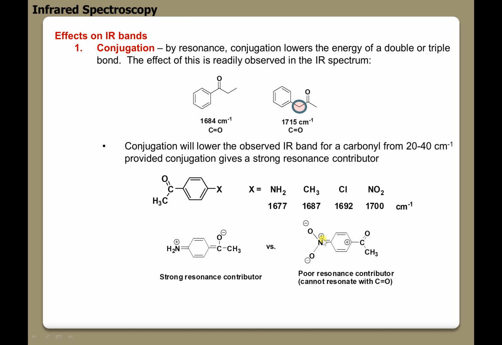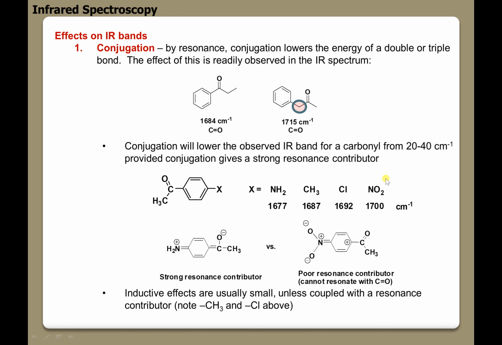Fine, this nitro has broken the resonance. My carbonyl oxygen is no longer bearing any charge, and it's not a part of the resonance system, and therefore I can see that this has got a higher frequency.